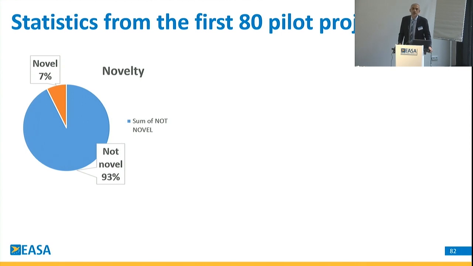Now some statistics about the classification of the criteria of novelty, complexity, criticality. So for this 80 pilot project, on average, we had 7% of the CDIs classified as novel, and 93% classified as not novel.